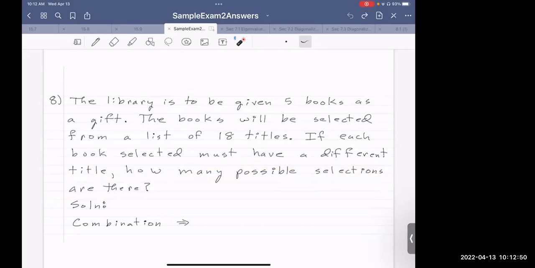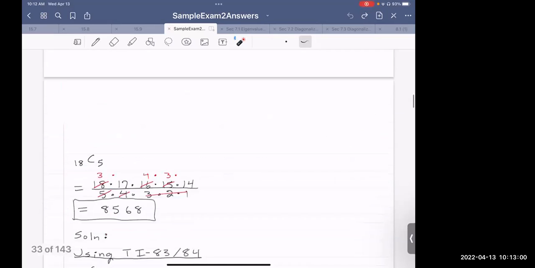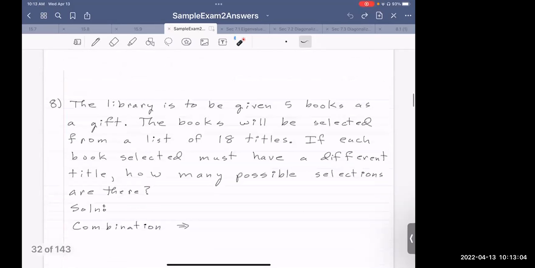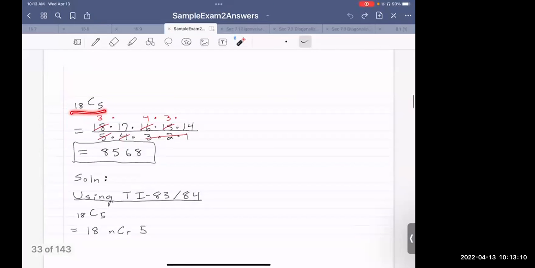Okay, so in this case, it doesn't matter the order at which you're selecting these. And so because of that, we'll be using a combination. And so we'll be looking at the nCr. And so in this case, there are 18 books, and we're going to be selecting 5 of them. And so 18 choose 5.